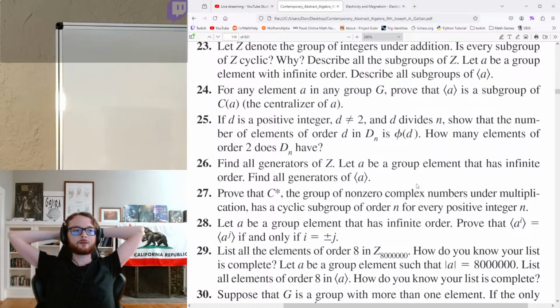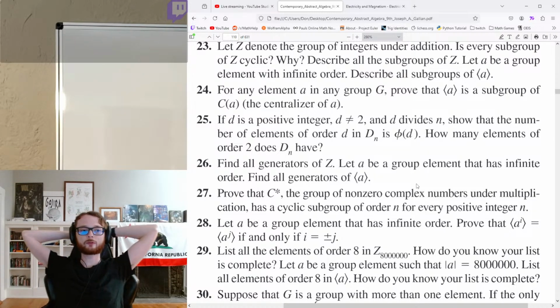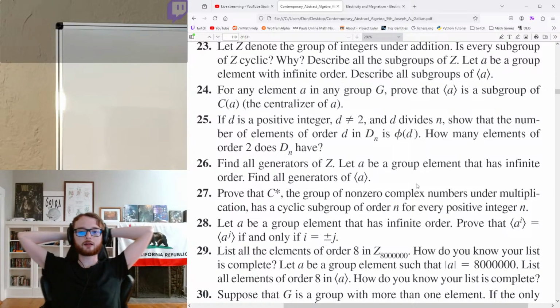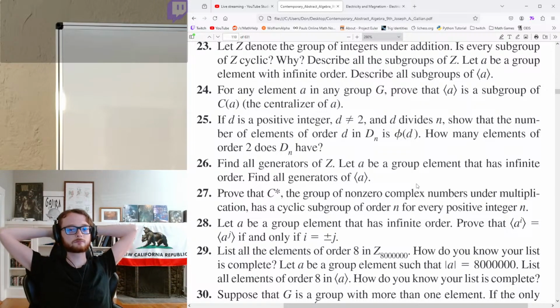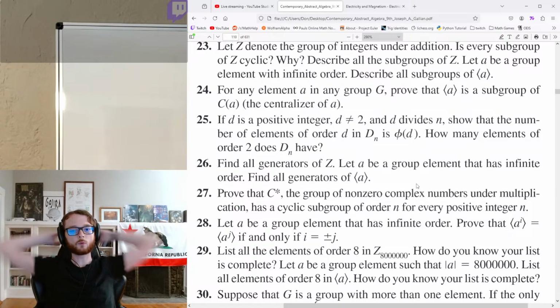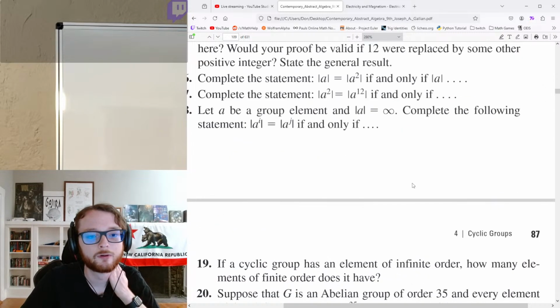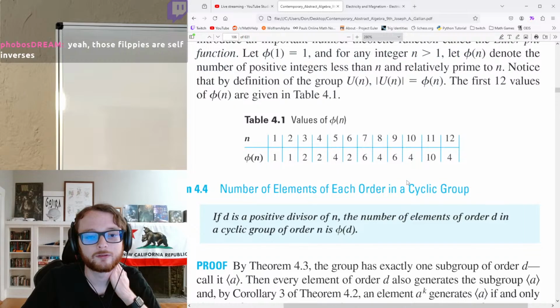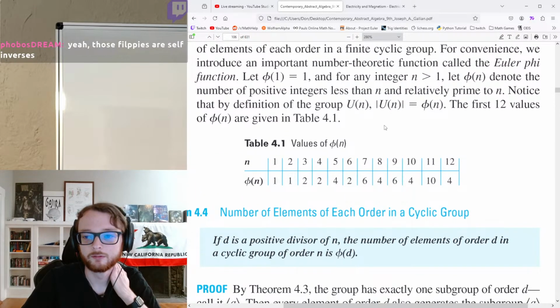So I was thinking, with dihedral groups, all the flips are always order 2. What is phi of 2? It's 1.